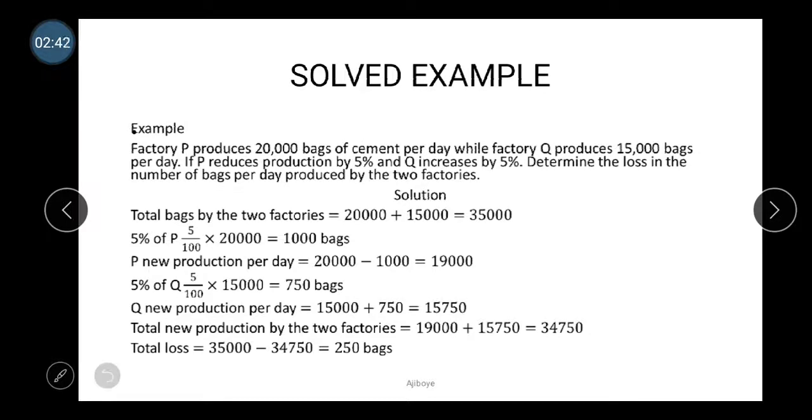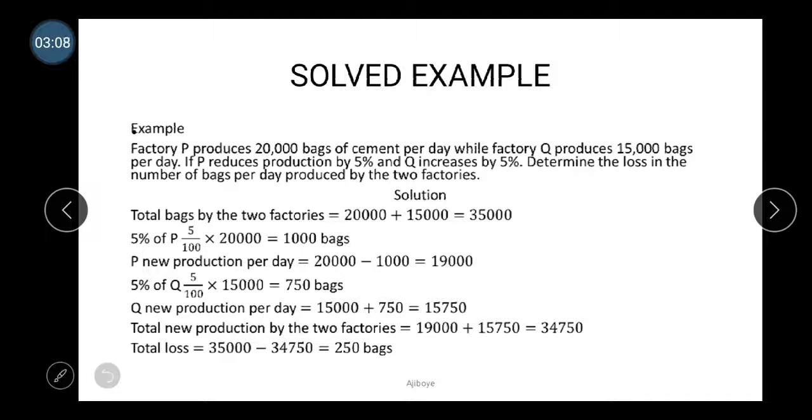Example 2. Factory P produces 20,000 bags of cement per day, while Factory Q produces 15,000 bags per day. If P reduces its production by 5% and Q increases its production by 5%, determine the loss in the number of bags per day produced by the two factories.